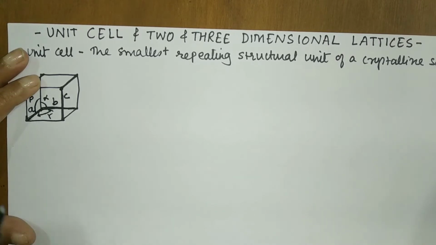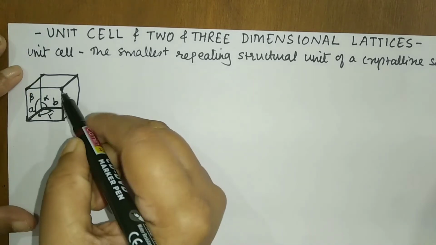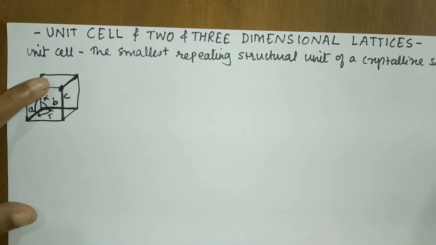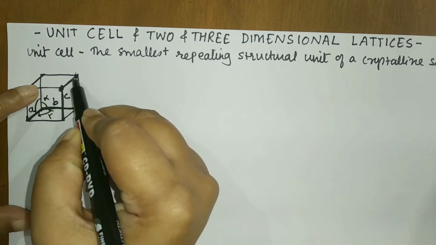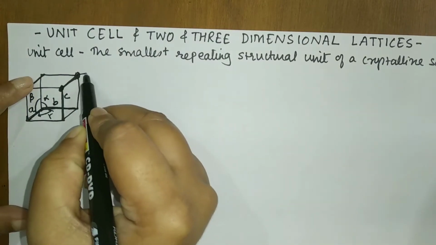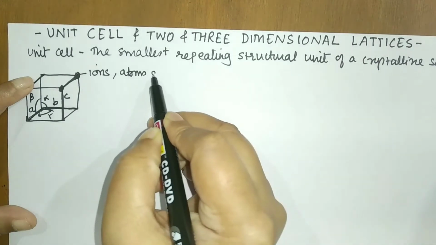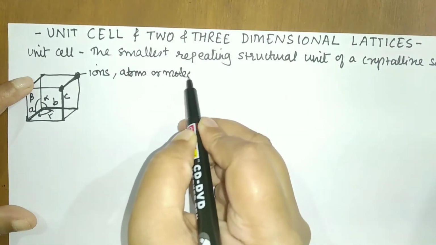Now students, if you see the unit cell, the lines connecting the centers of the constituent particles are drawn to represent a unit cell, and the constituent particles, those particular corner points, can be ions, atoms or molecules.